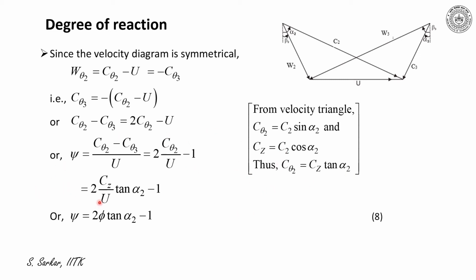You will get xi equal to twice Cz by U into tan alpha 2 minus 1. That means xi equal to twice phi tan alpha 2 minus 1. Note that here for a 50% reaction machine, the expression of xi is twice phi tan alpha 2 minus 1, which is given by equation number 8, whereas xi for an impulse machine was twice within the bracket phi tan alpha 2 minus 1.